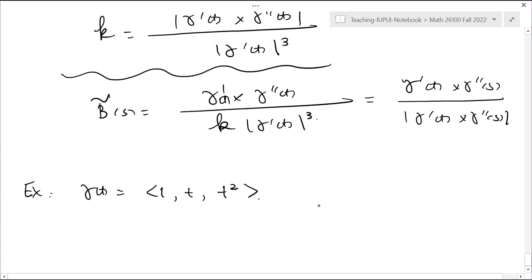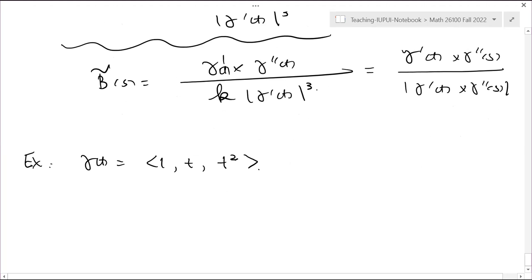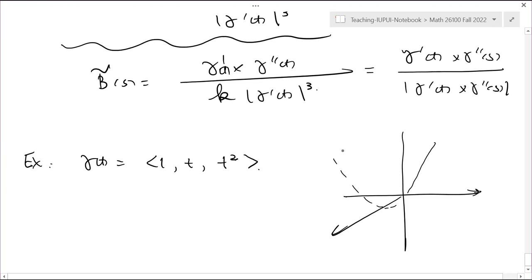Okay, I want to understand the curvature. So if you look at the picture, I think this is a parabola in the plane parallel to the y axis, z axis.